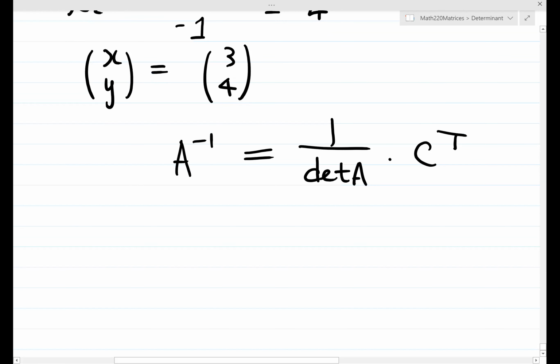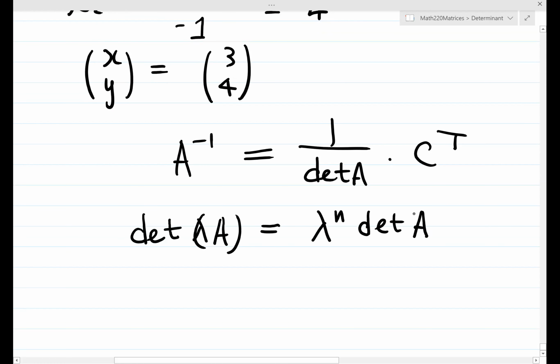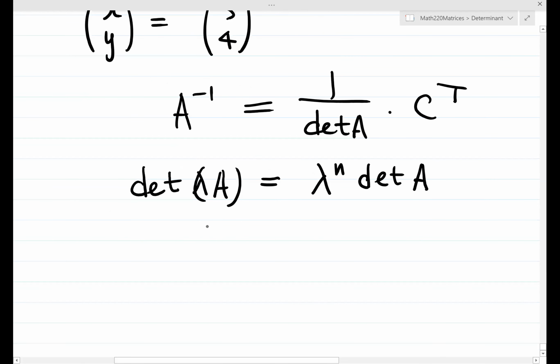Now remember the determinant of lambda A is lambda to the power n times the determinant of A. And the determinant of A inverse is the inverse of the determinant.